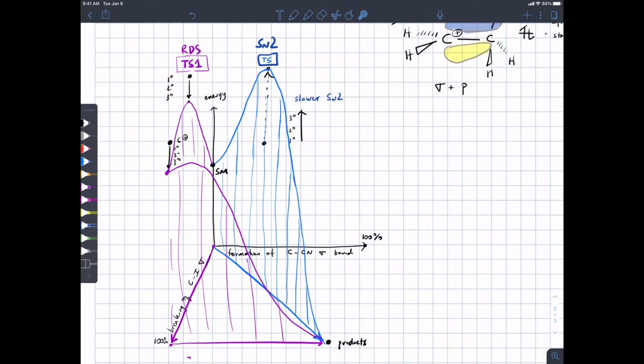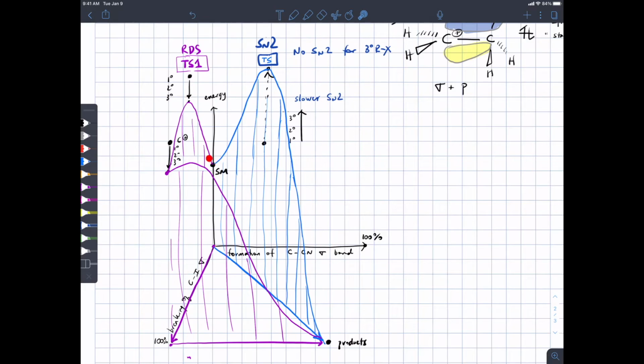So therefore, the Sn2 is no longer favorable for a specific reaction to have, for example, tertiary. That's why we say there's no Sn2 for tertiary alkyl halides, because that pathway is too high in energy to be reasonable. It's too slow.